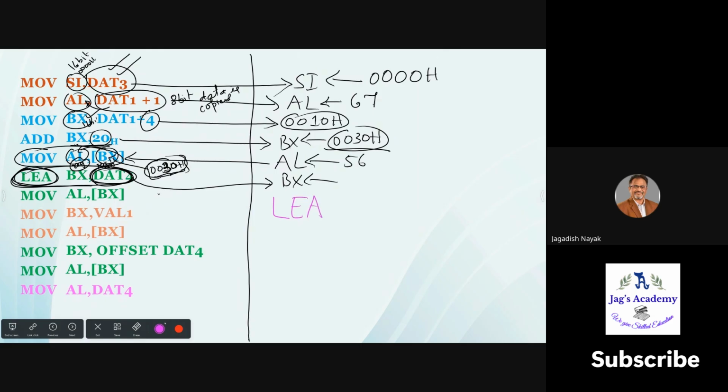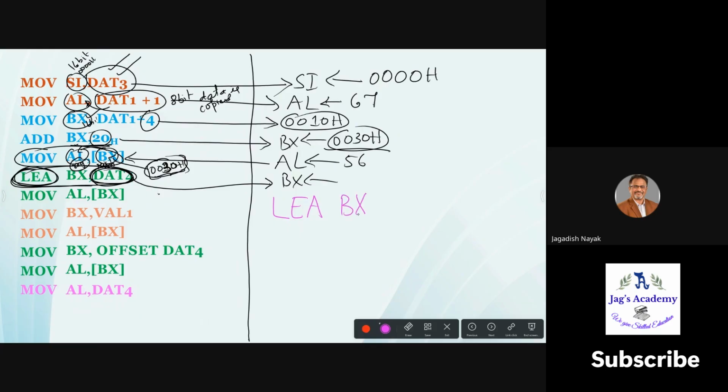Suppose I say LEA BX, comma, DAT4. This LEA means load effective address. Now what does it do?